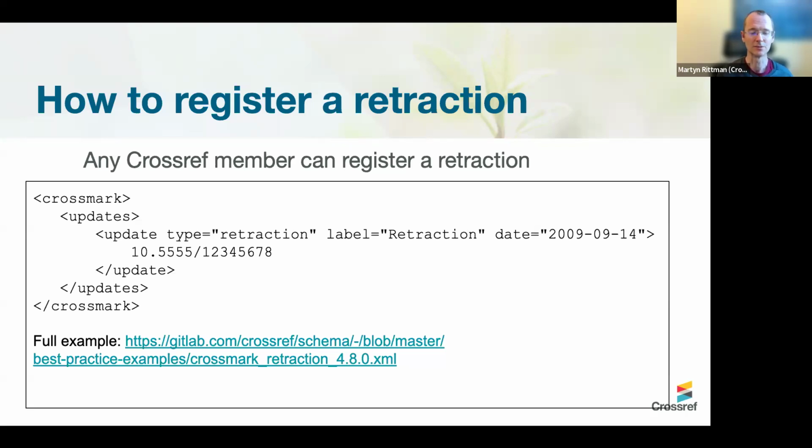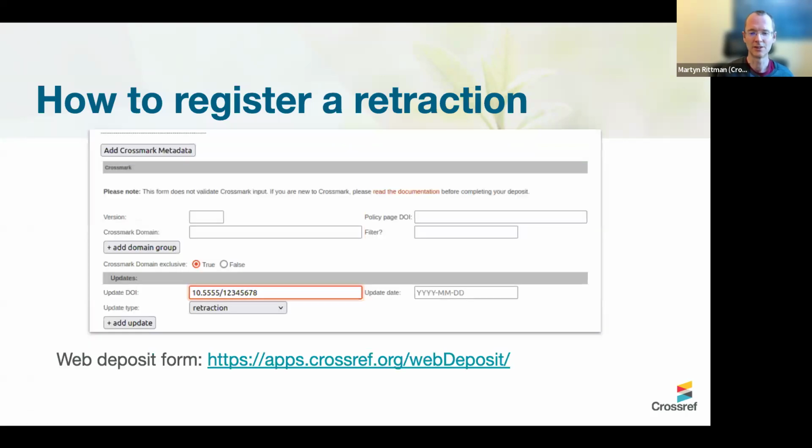in order to send retractions to us. If you go on to the next screen, it may be that you are depositing via XML, but you're in the situation that you don't know how to change your processes. Well, a great workaround is to use one of our helper tools, just a UI, which you can use to deposit retractions.